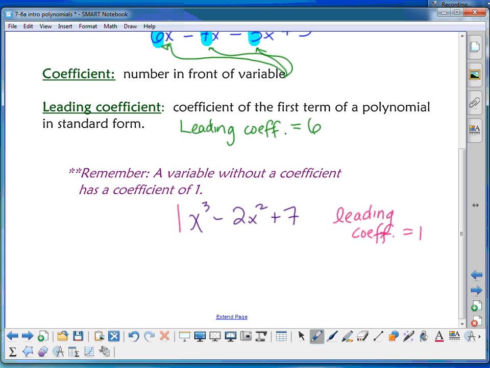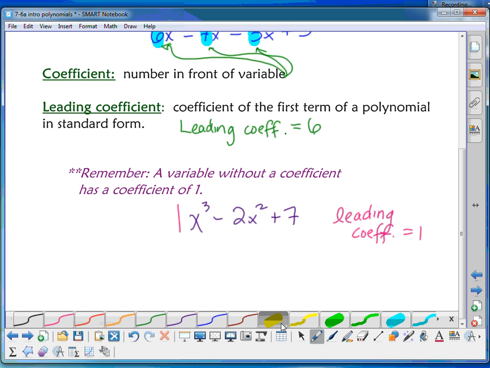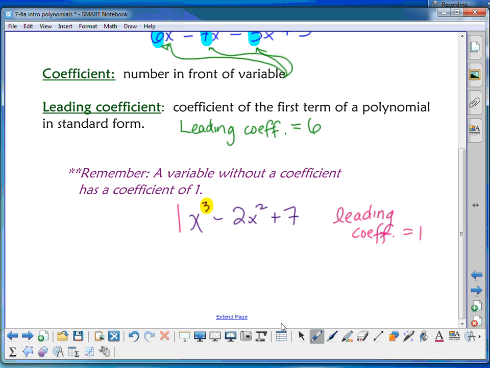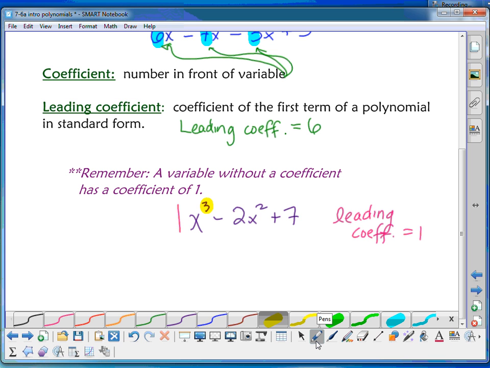Did you have a question? No? Pardon? Well, the term with the highest degree is the x cubed, right? And even though there was no 1 in front of it, we can always assume there's a 1 when there's no coefficient. Okay? And so that's why the leading coefficient is 1. Okay? All right, what if I have this situation?